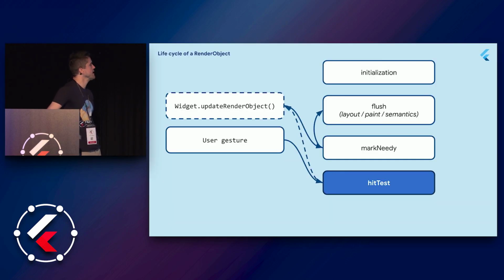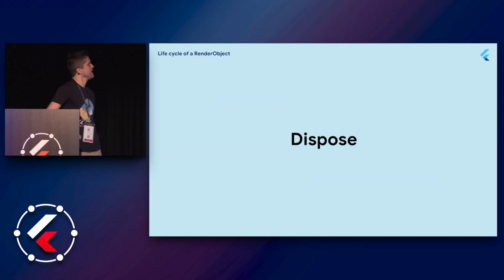And so that brings us to here in the lifecycle of RenderObject, where any user gesture can get us into hit testing. A positive hit test result can potentially lead to a callback method being invoked in our widget tree. That can lead to widget.updateRenderObject, which can call a markNeedy method, which can lead to the RenderObject being updated in the next flush phase. It's all coming together.